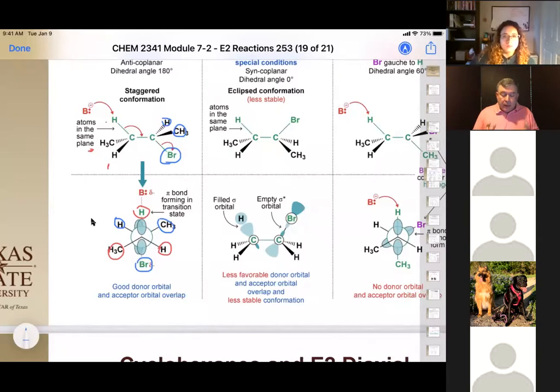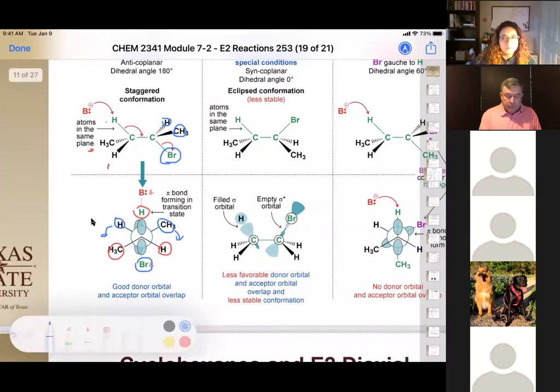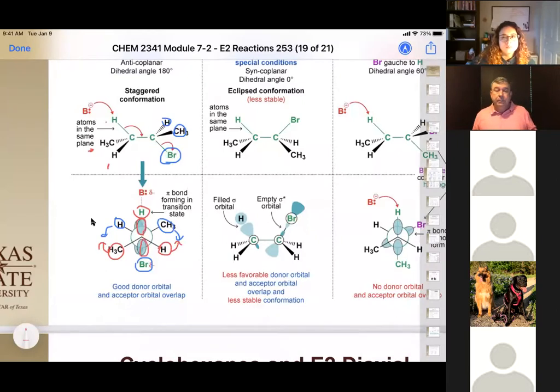Our hydrogen and our bromine are opposite each other. Our 2 methyl groups are opposite each other. So as it goes through that transition state, these 2 groups are going to come down and become planar. These 2 groups are going to come up and be planar, and we're going to form our pi bond above and below that plane.